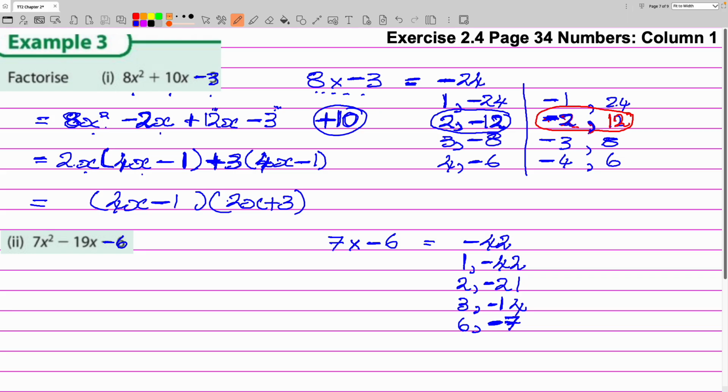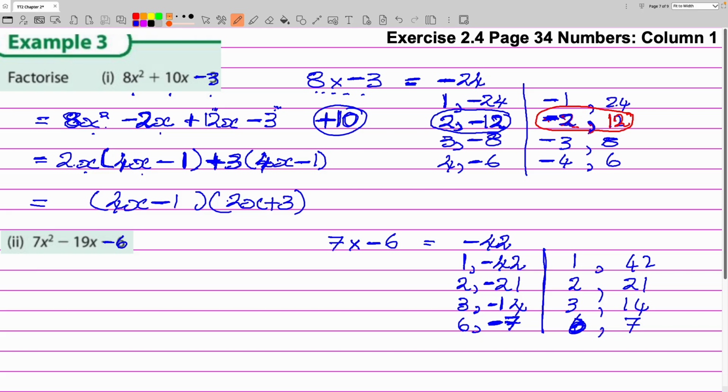That was the mistake I made. What do I then do? So I'm lazy, so I'll do 1, 2, 3, 6. I will do comma, 42, 21, 14, and 7.